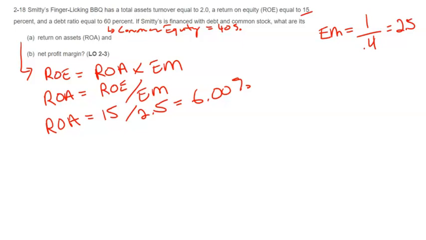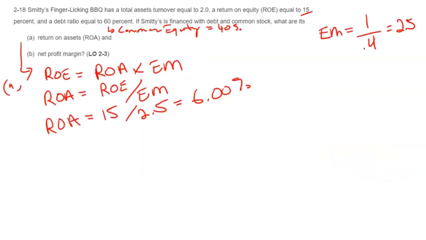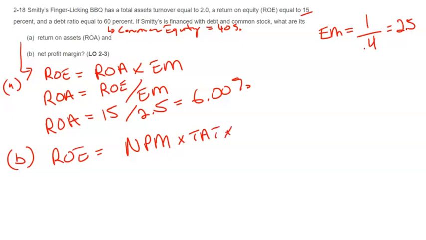Now for B, go to the next page again. We can see that ROE is also equal to net profit margin times total asset turnover times the equity multiplier. So our ROE is net profit margin, which is what we need to calculate, times total asset turnover times equity multiplier.